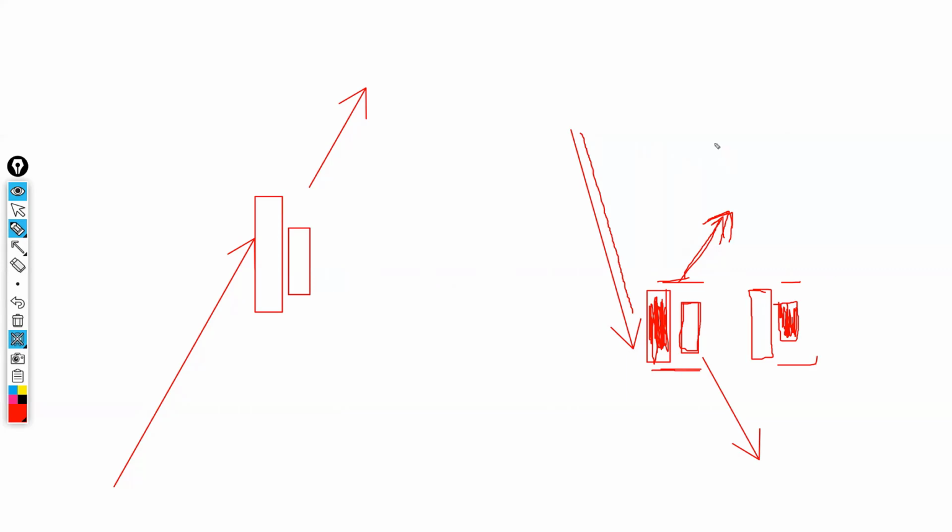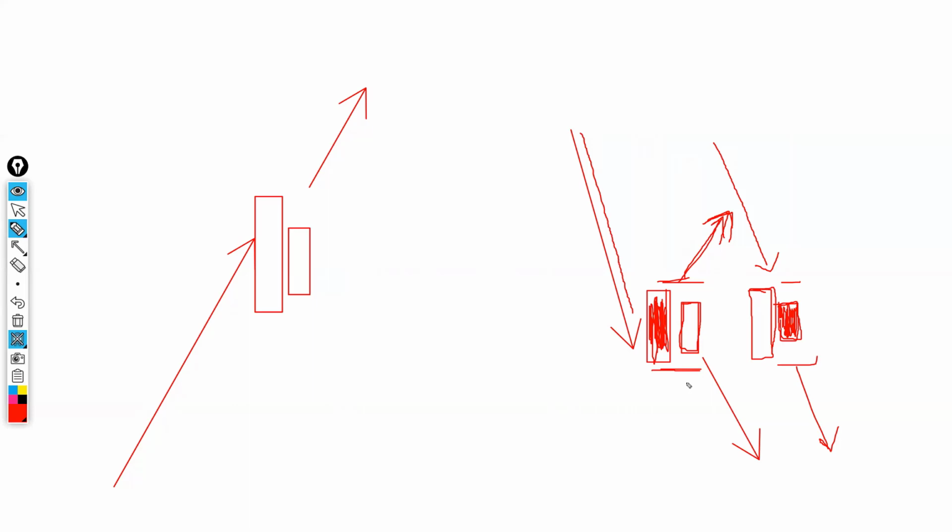And then right here, if we have a downtrend, whereby this is a bullish candle, and then the next candle is a bearish candle, price has a high tendency to break downward because the baby right here is a bearish candle. While right here, price has a high tendency to break to the upside.